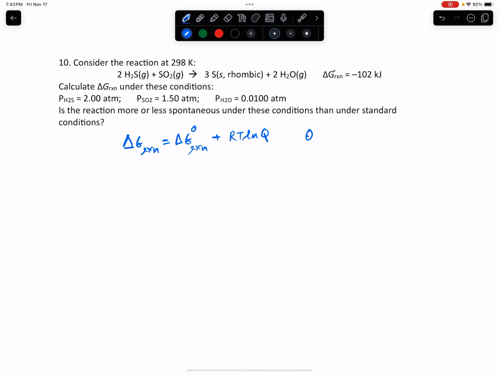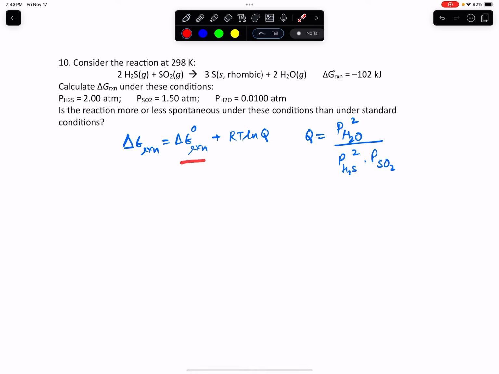Q for this reaction is given as the partial pressure of water raised to 2 over the partial pressure of H2S raised to 2 times the partial pressure of sulfur dioxide. Since the values are already given to us, we can plug those values in. So let's go ahead and set this up.